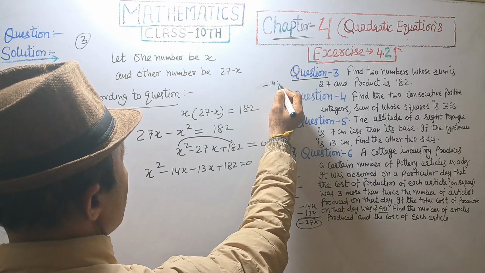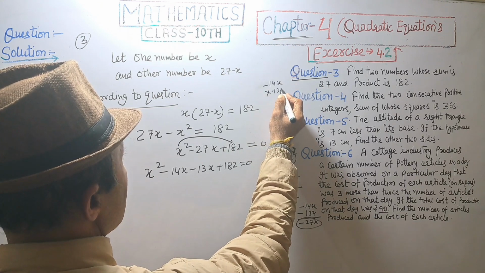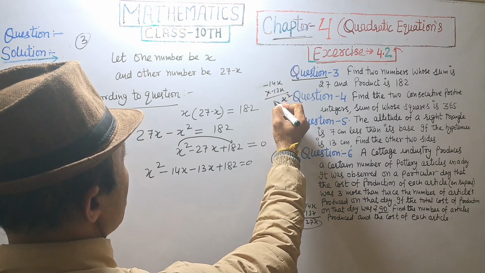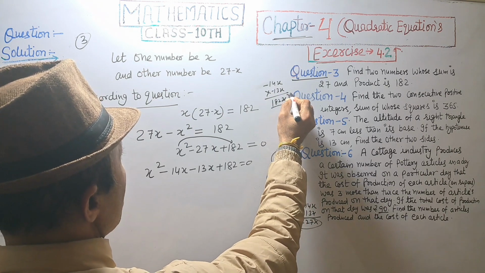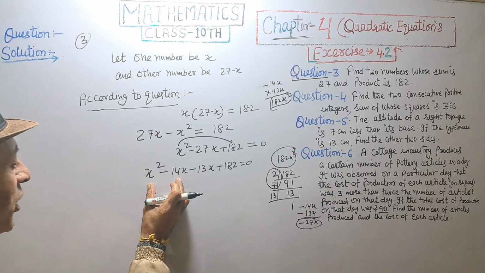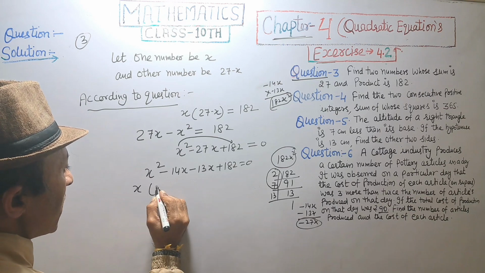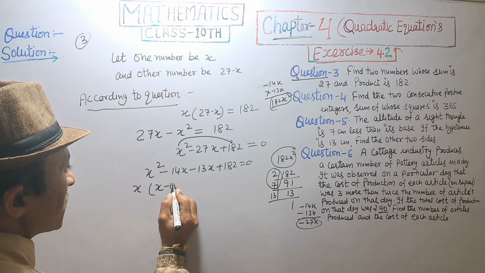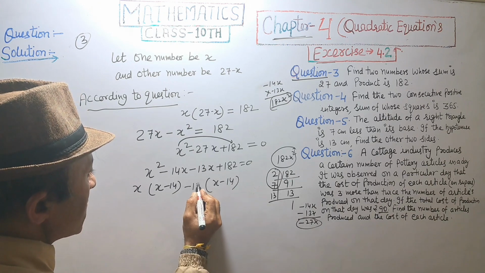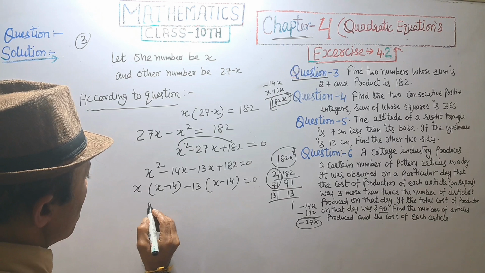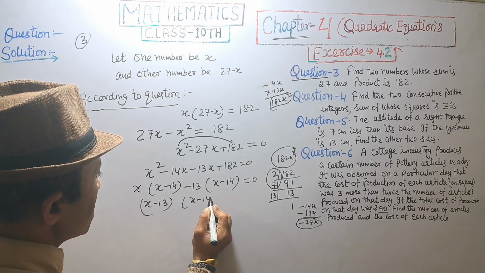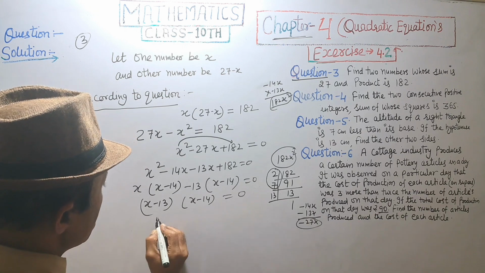Taking x common, in brackets x minus 14, and minus 13 is common, so x minus 13 one time and x minus 14 second time equal to 0.